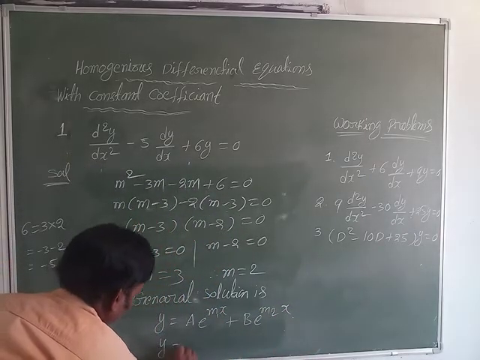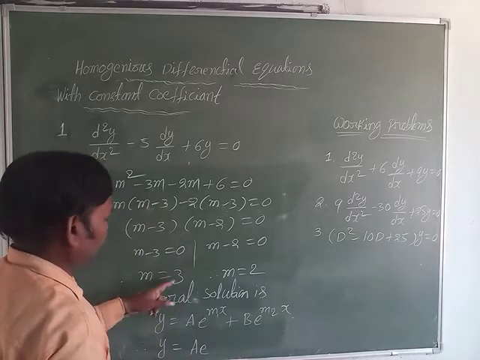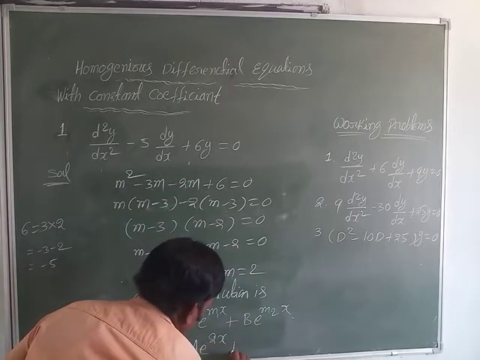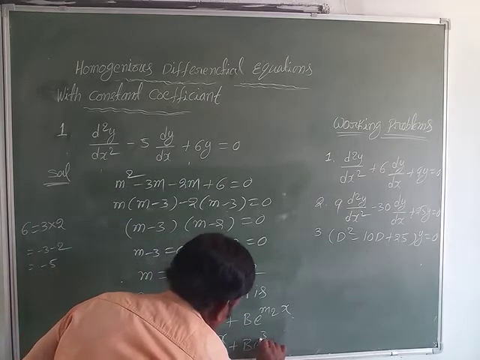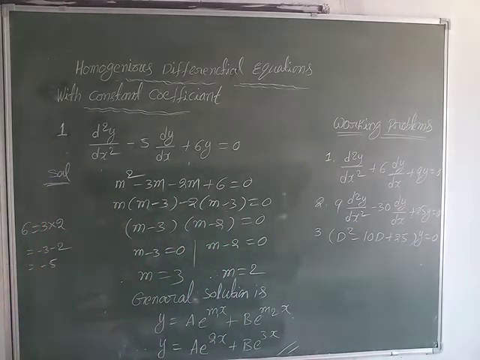So therefore y is equal to A e to the power of, we take the value 2x, plus B e to the power of the other root times x. So this is our final answer.